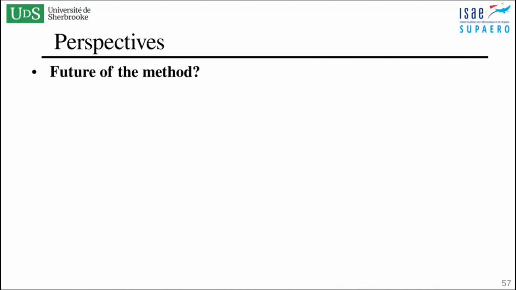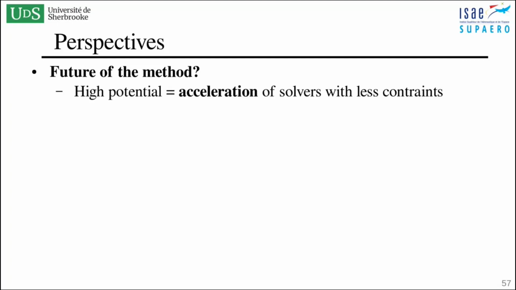Now going to the perspectives of the methodology, the first main question we may all have is what is the future of the method? Will this be used in the future as an industrial, for example, predicting tool? So we have shown that it has a very high potential since it's able to accelerate these solvers while taking into account fewer constraints, as, for example, analytical solutions.